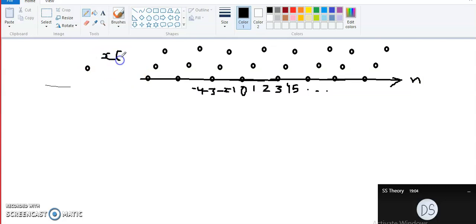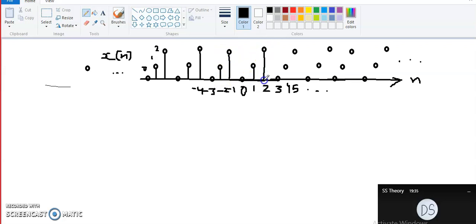The signal is x[n], and it repeats its values like this. It can be written like this also. This is 0, this is 1, this is 2, or one can use a bar like this to represent it as a discrete time signal.